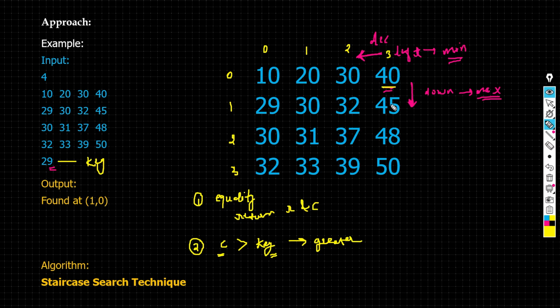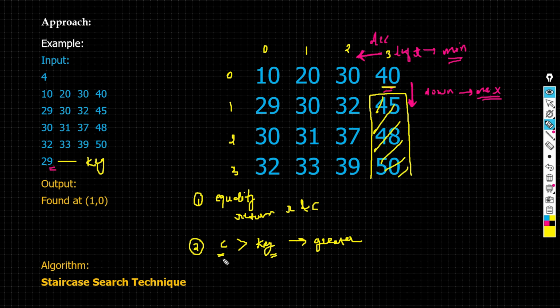And we need the smaller element, so we will not iterate over its column values. There is no need to iterate these values, so we will simply avoid it.